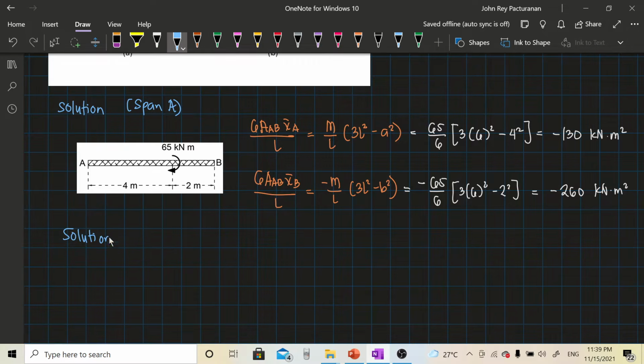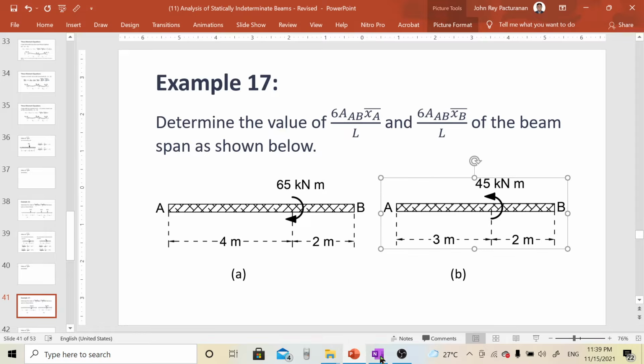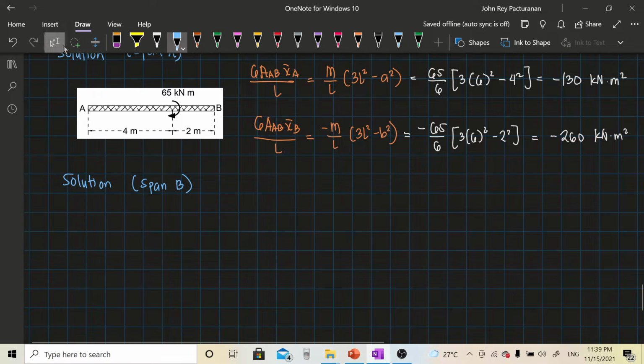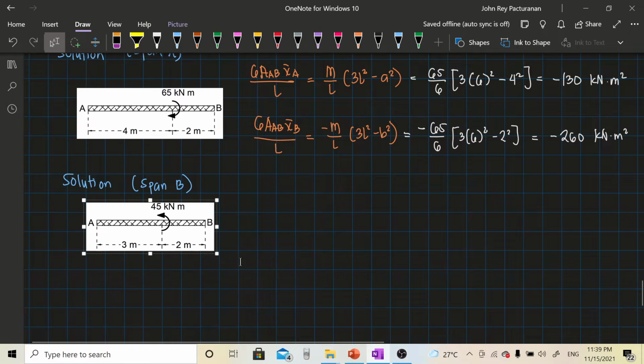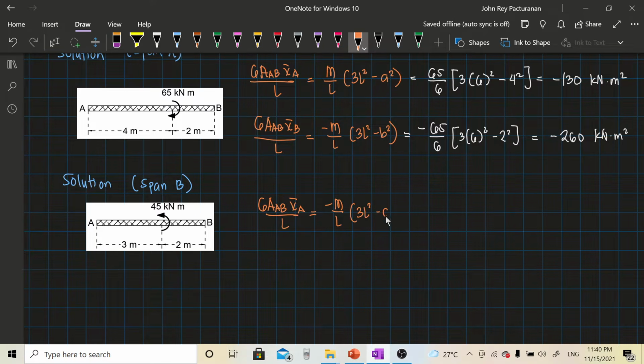So here, the span B naman is simply a counterclockwise moment, di ba? So, therefore, let me copy na lang para makatipid na ako sa time mag-drawing. So, dahil counterclockwise moment siya ngayon, class, edi syempre, ang mangyayari, pag sinubstitute natin siya, yung 6 area ng AB, centroid ng A over L will be equal to negative M over L, then 3L squared minus A squared.